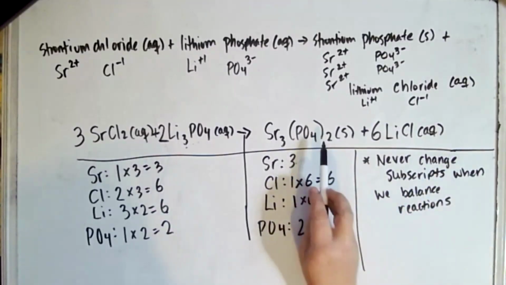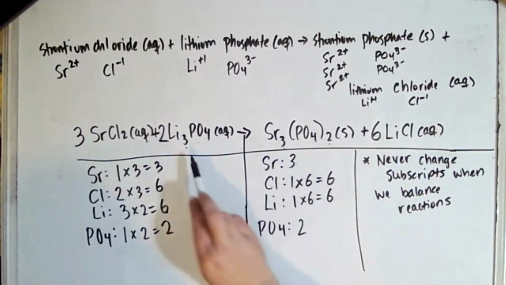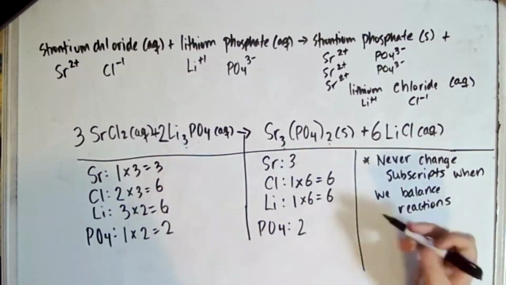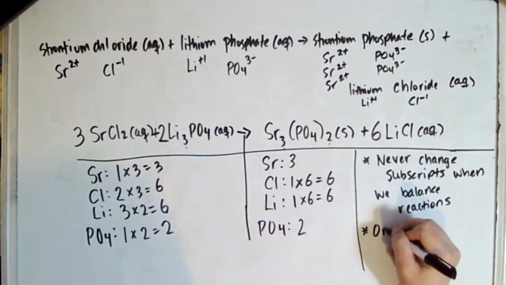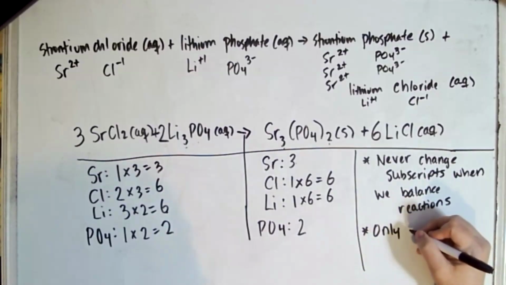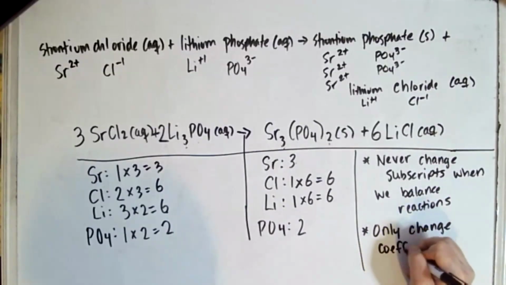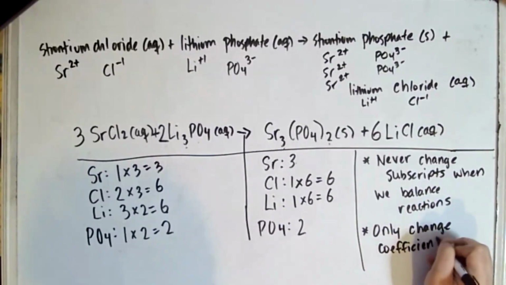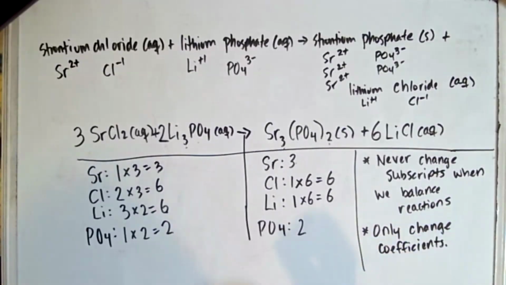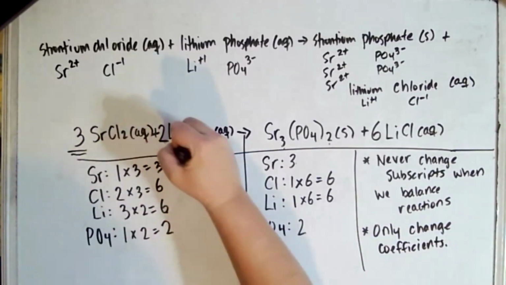These are our subscripts. Those are never the things that we change. The only thing that we change when we balance chemical reactions is the coefficient out in front of the compounds. So these are the things that we're able to change.